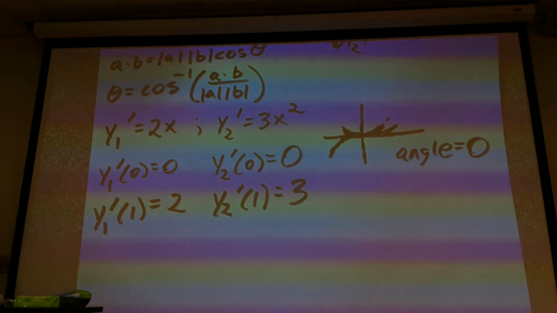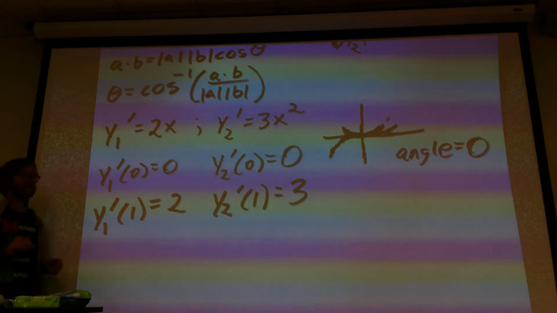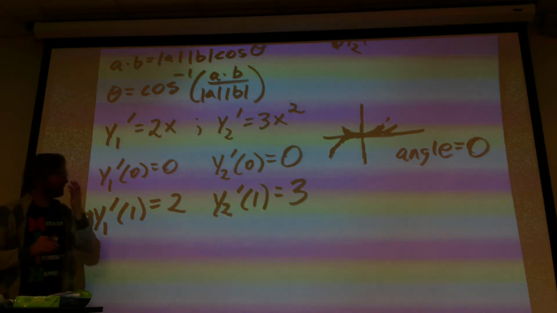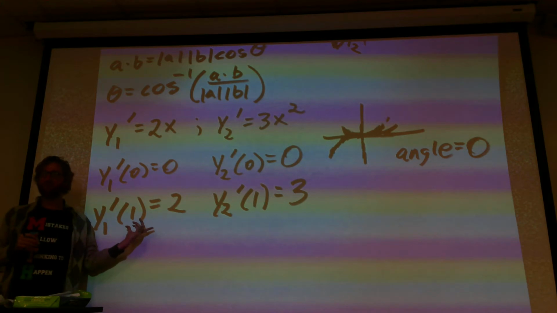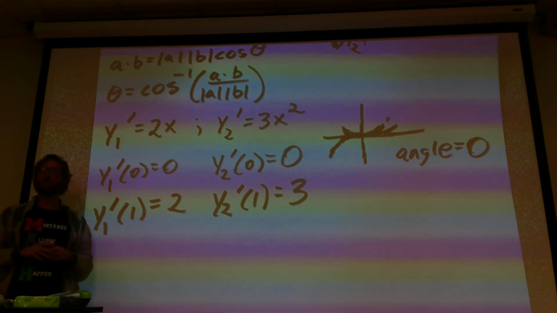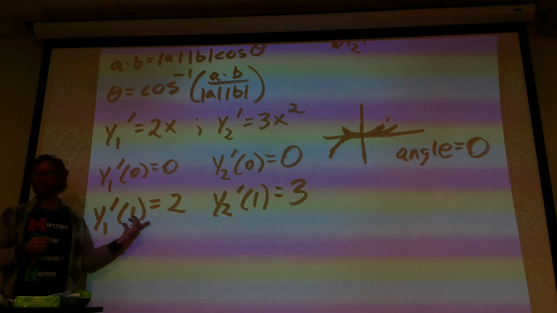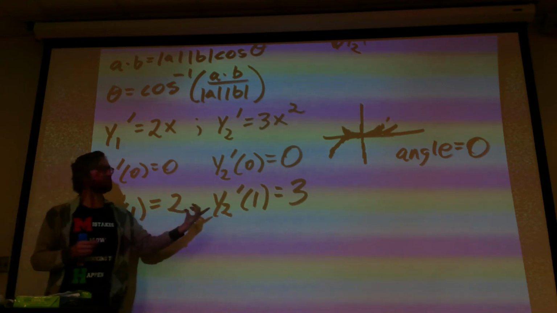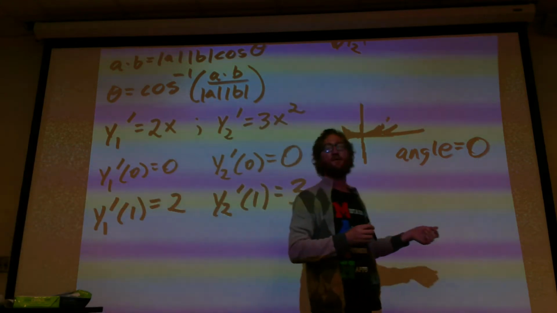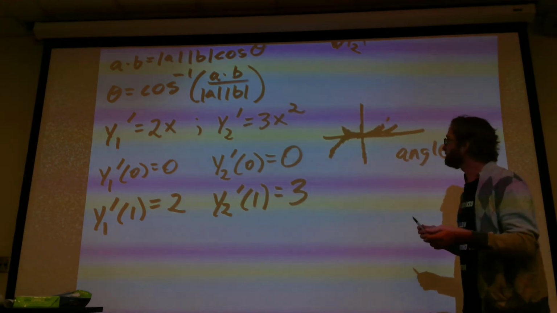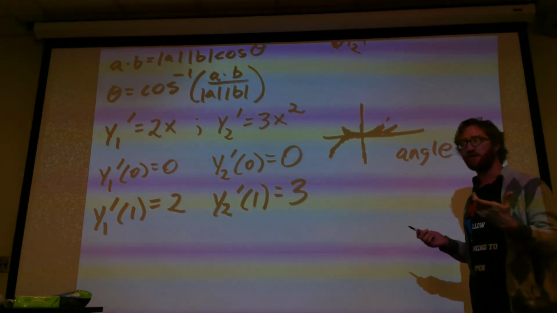Okay? So you're imagining tangent lines. So this is the slope of the tangent line for the first curve, for y1. And this is the slope of the tangent line for the second curve, okay?